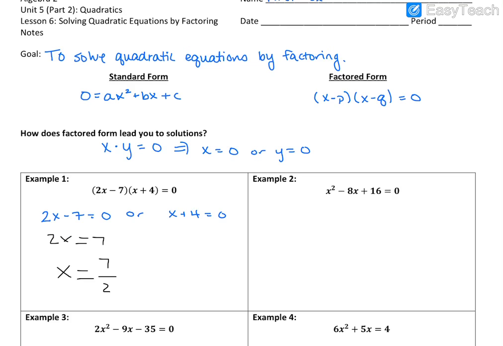So one of the solutions will be x equals 7 halves, and then we solve the other one, and it's x equals negative 4, which would be your other solution. So we have x equals 7 halves or x equals negative 4.